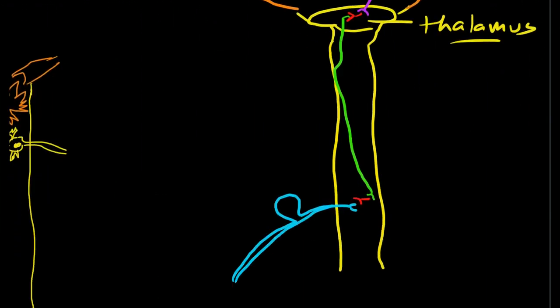One thing I wanted to point out here is we have different names for the neurons, and you'll probably hear this terminology. This first nerve that brings information from a sensory receptor up to the spinal cord is called the first order nerve. Now, the interneurons are just called interneurons. They're not really counted in this system.